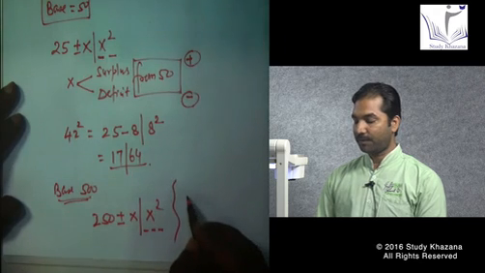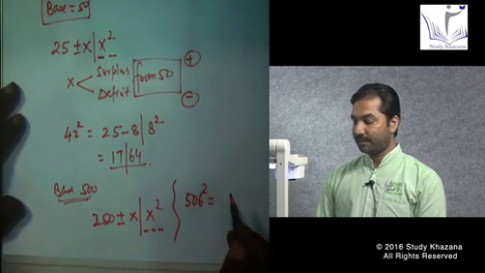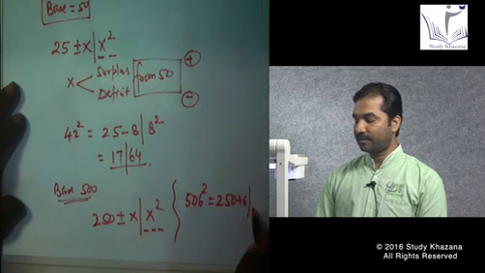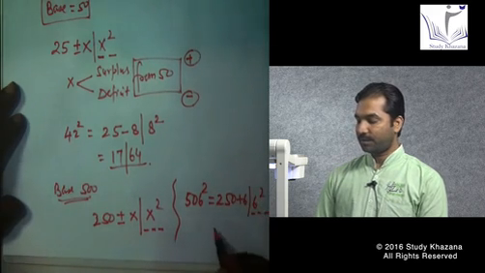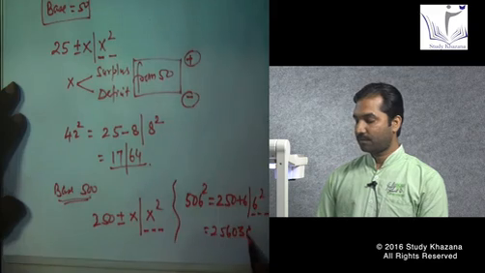For example, we have to calculate 506 square. It is 6 more than 500, so we add 6 to 250, 250 plus 6, and here 6 square. It means 256036, right?